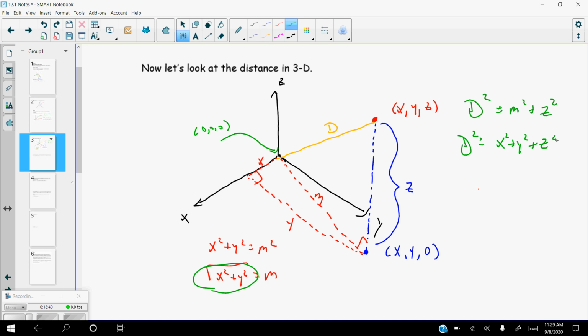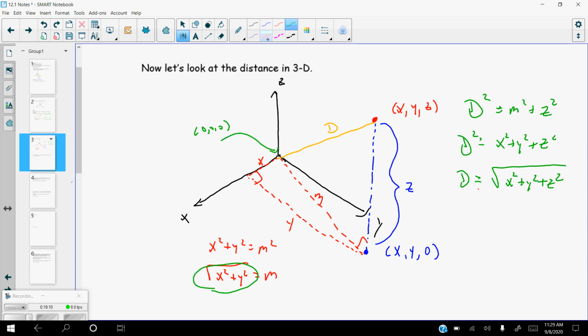So therefore, d, taking the square root, is the square root of x squared plus y squared plus z squared. And that's, of course, the distance from the origin to any particular point. If we want to extend this from one point to another point, it's just the difference in the x's, the difference in the y's, and the difference in the z's.